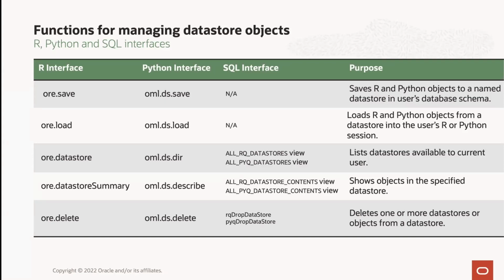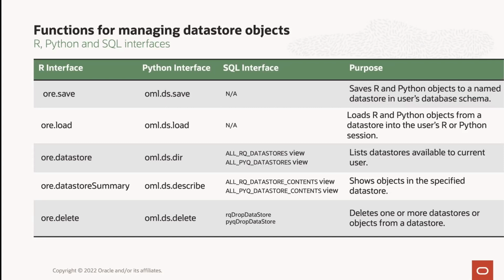The ore.datastore and the oml.ds.dir functions, as well as the all rq data stores and all pyq data stores, view the list of data stores available to the current user.